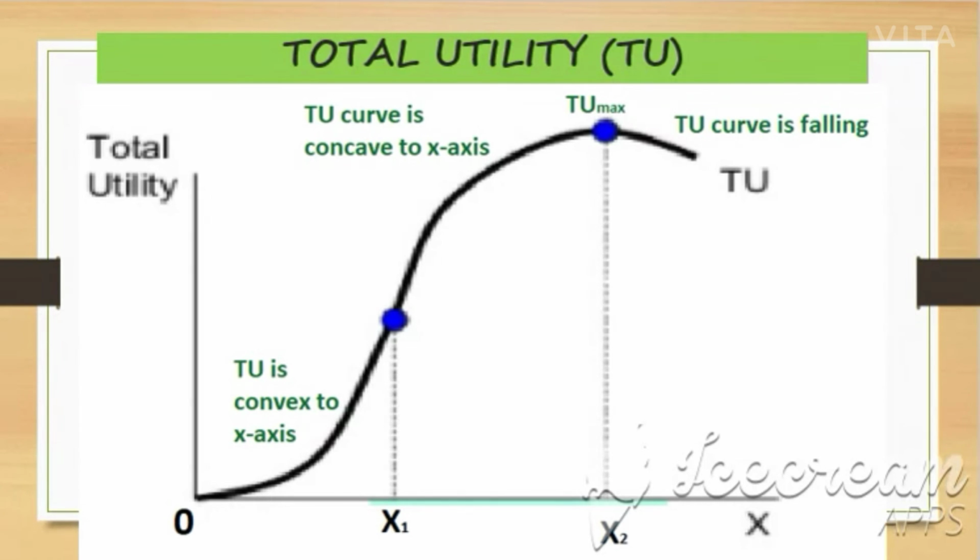After x1, as the consumption increases, total utility increases at a decreasing rate, which is shown in the graph from x1 to x2. At the level of x2 consumption, the total utility becomes maximum. After x2, total utility starts falling.